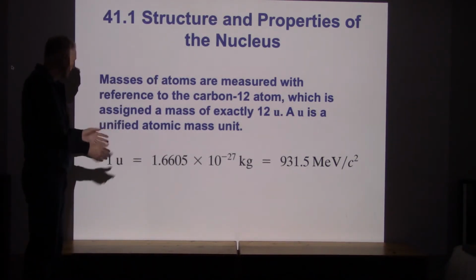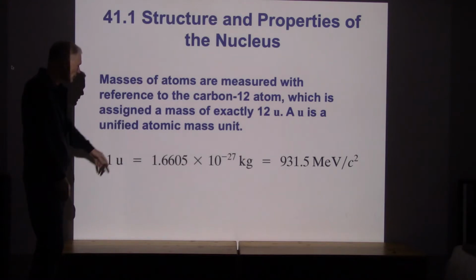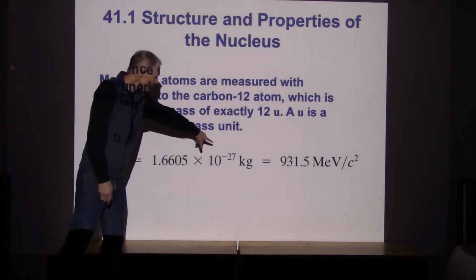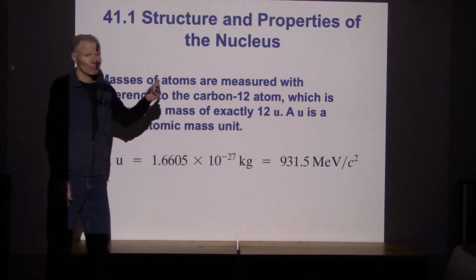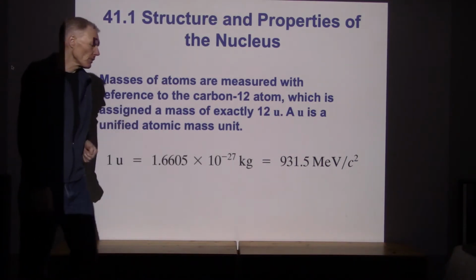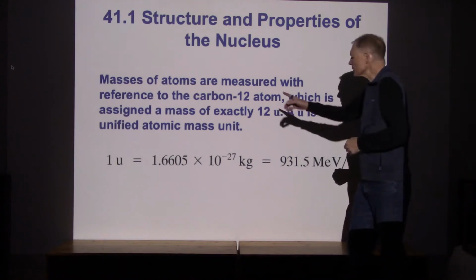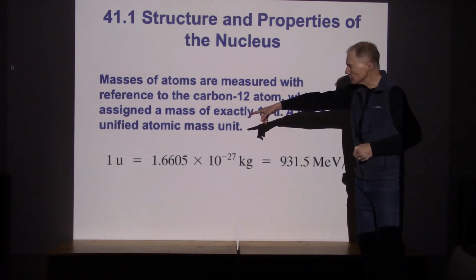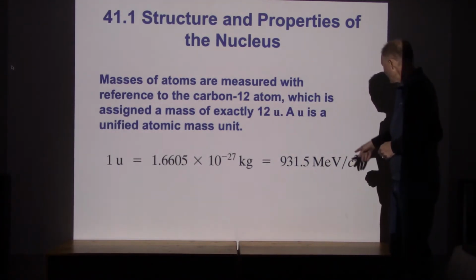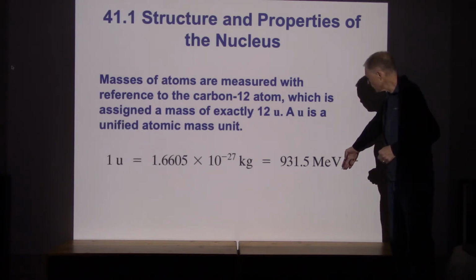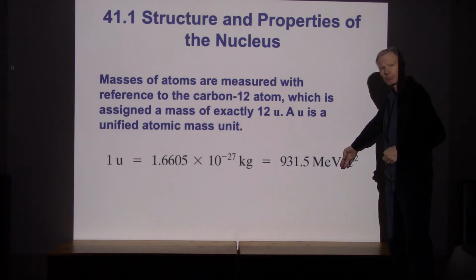Just so that we know the conversions here, 1 atomic mass unit is 1.66 times 10 to the minus 27 kilograms. That's going to get used some. And then what we're probably going to be using even more is that 1 atomic mass unit has an energy equivalence of 931.5 MeV.